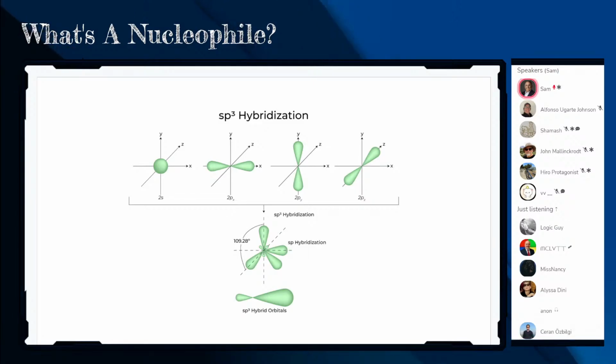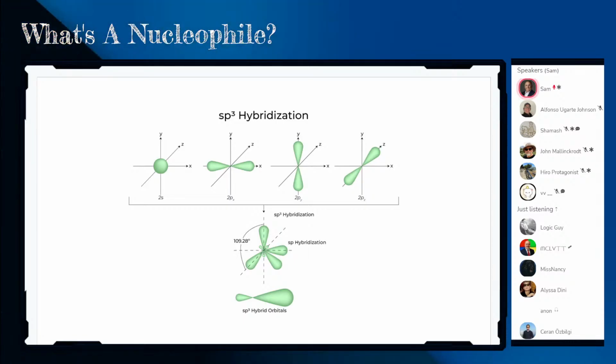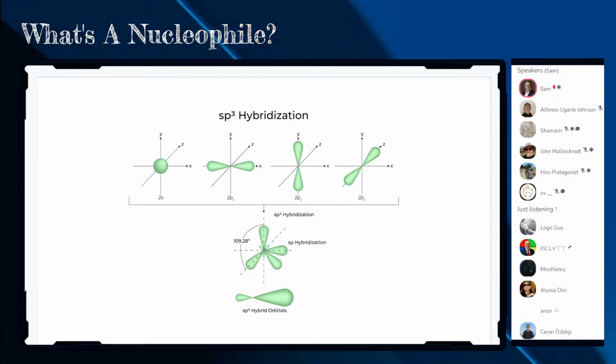So antibonding breaks the bonds, bonding makes bonds. This becomes more clear as we talk about bonding and nucleophilic attacks and backside attacks in future sessions.